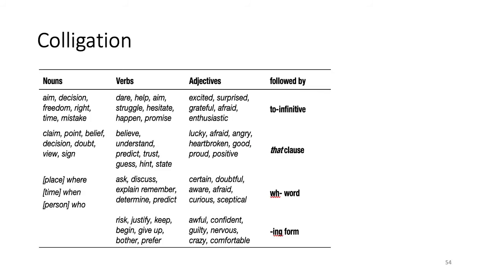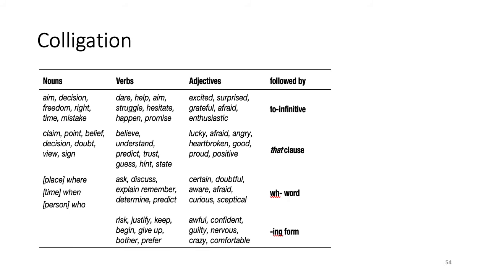Colligation is another very important feature of a word, a property of a word. It's the grammatical relationships which they form. And a lot of textbooks deal with the patterns that verbs form, but forget or ignore the fact that these also work just as importantly with nouns and adjectives.